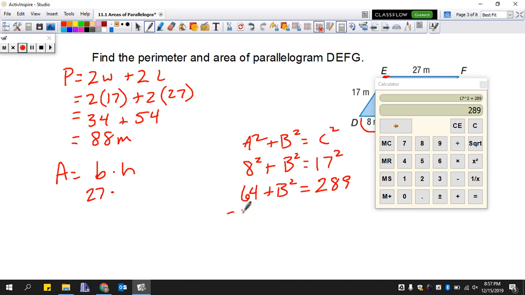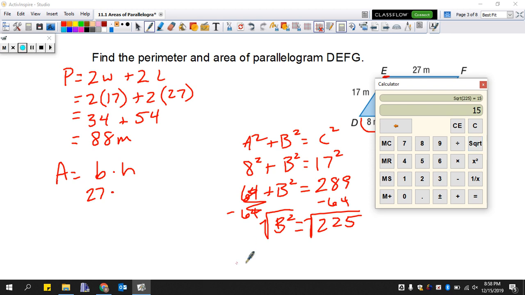All right, we're going to subtract 64 from both sides. So b squared is equal to 225. Take the square root of both sides, and you end up with b is equal to 15.